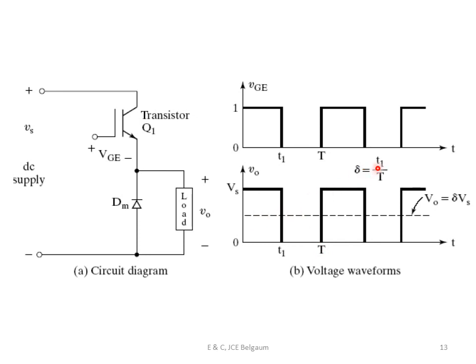So duty cycle is T1 upon T, and output voltage is equal to the duty cycle into the input voltage. If I change T1, I can increase or decrease the voltage.